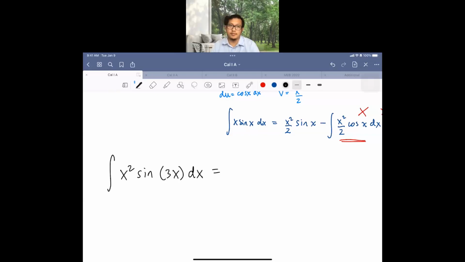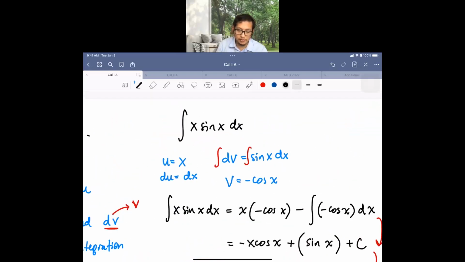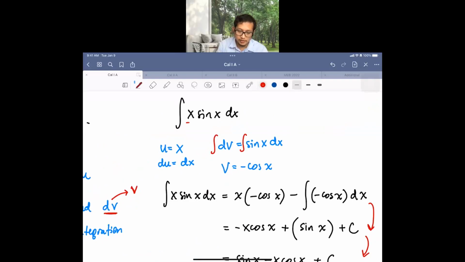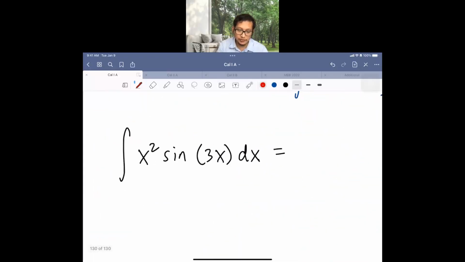For example, in the previous example, if you take u as x, you could see that if we derive twice, it will be 0, right? And here, if you see x squared, if you derive it 3 times, it will become 0, right?